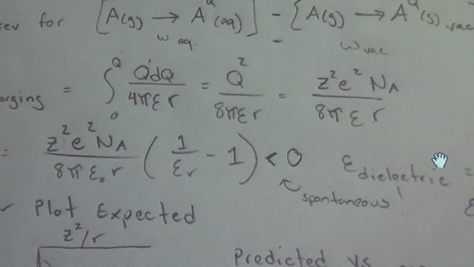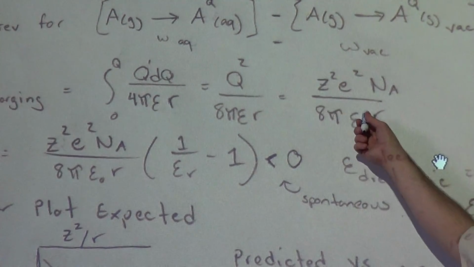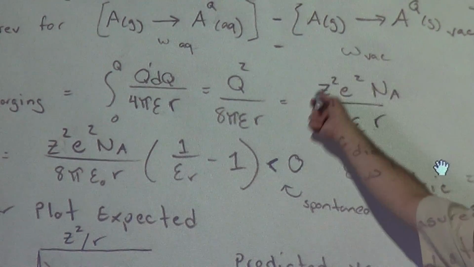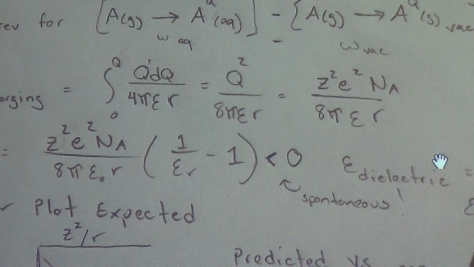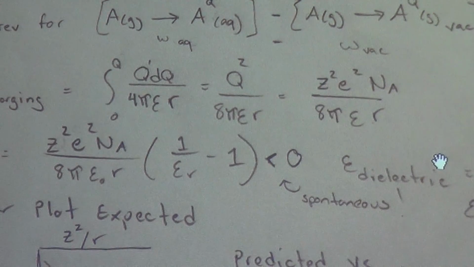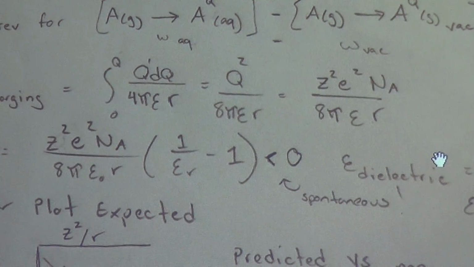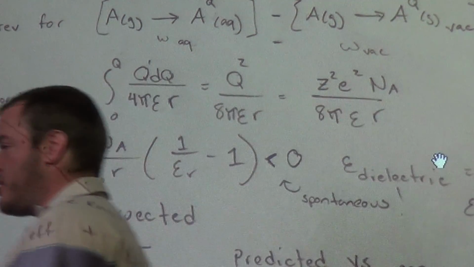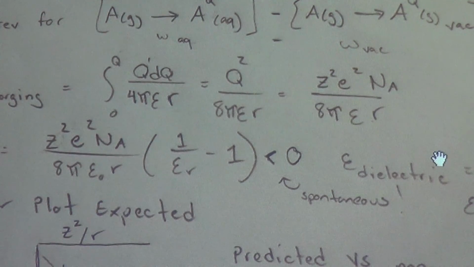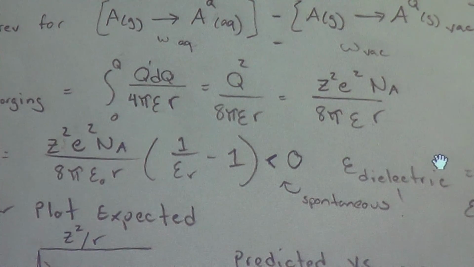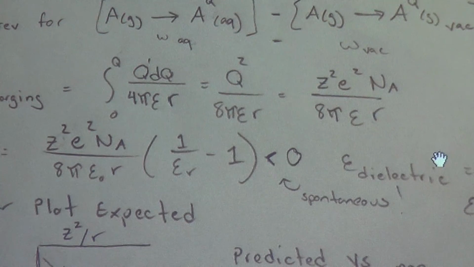The total work done in the charging of a species is this term here that has this dielectric constant term inside of it. What does the dielectric constant tell you?